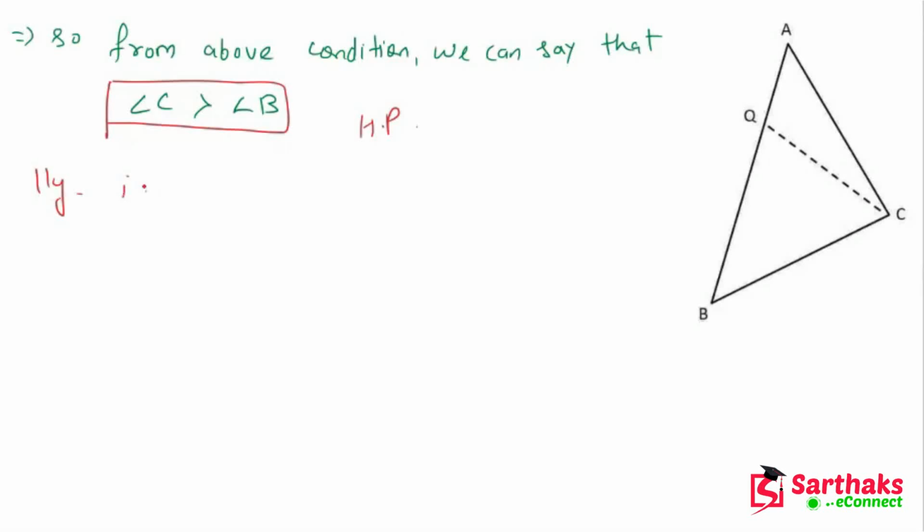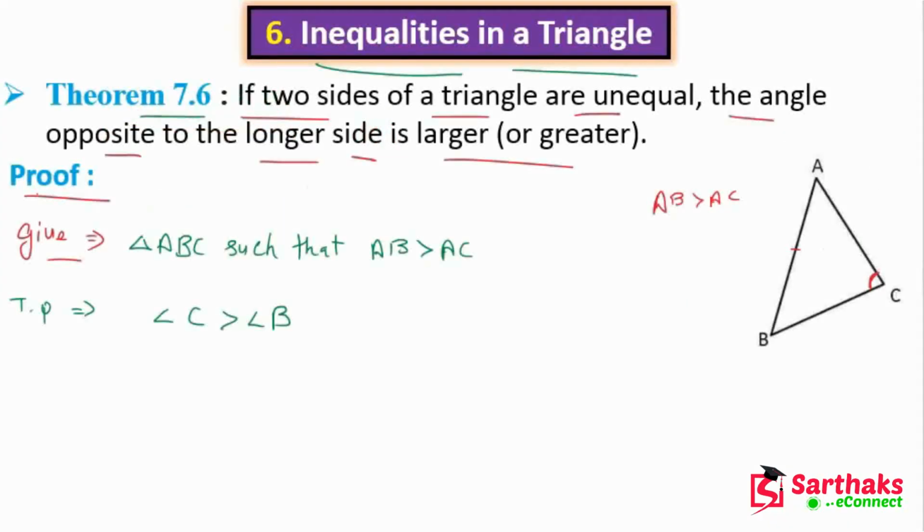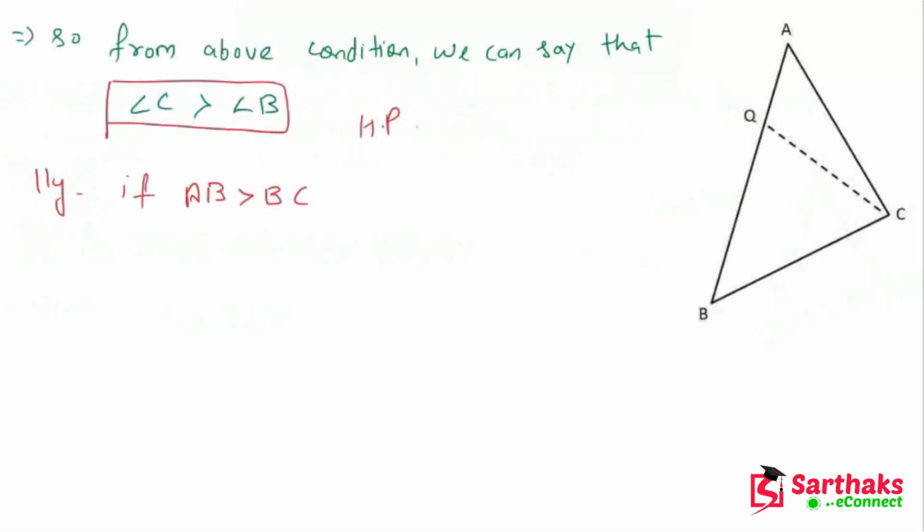if AB is greater than AC, then angle C is greater than angle B. If we are taking AB is greater than BC, then we can say angle C is greater than angle A. We can prove this too.